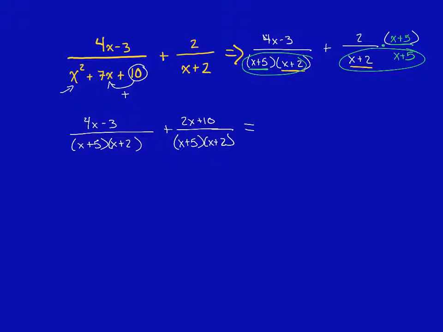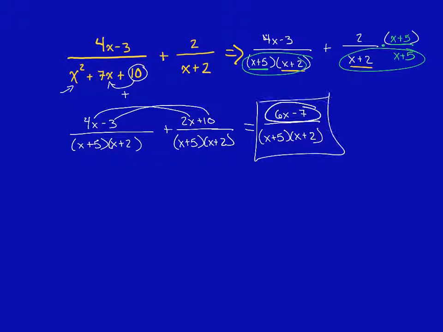Now we combine like terms in the numerator, because our denominators are the same. We combine 4x and 2x, and we get 6x. And we combine negative 3 and 10, and we get 7, so 6x plus 7 over x plus 5 times x plus 2. Then we look to see if we can factor this. There are no common factors, and it's not quadratic, so this is as simple as we can get, and this is our answer.